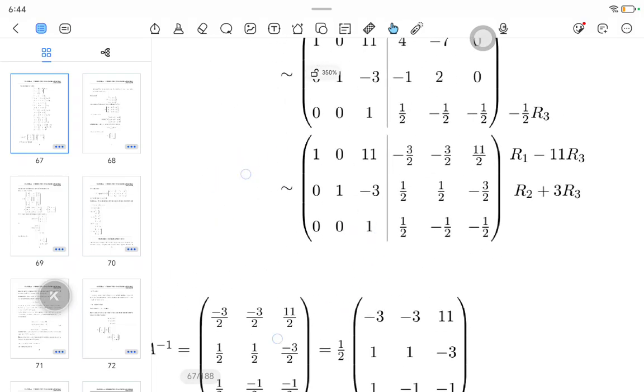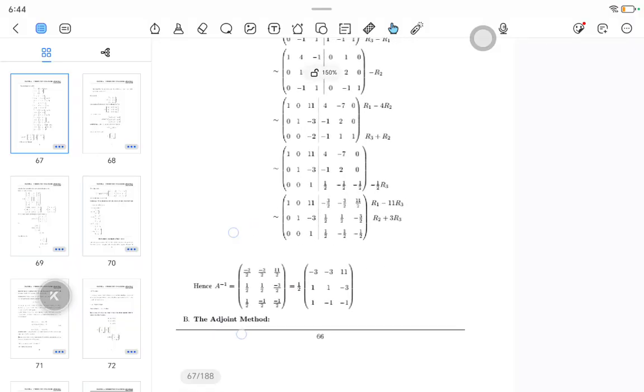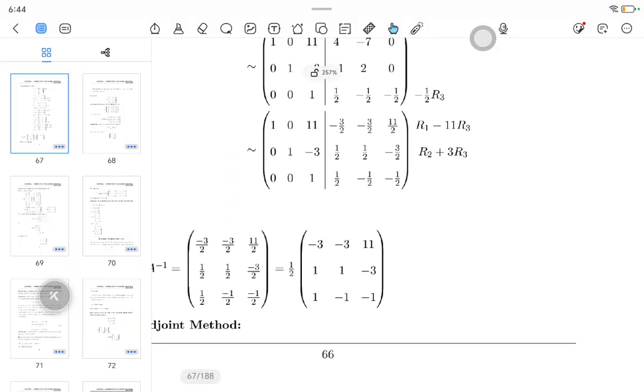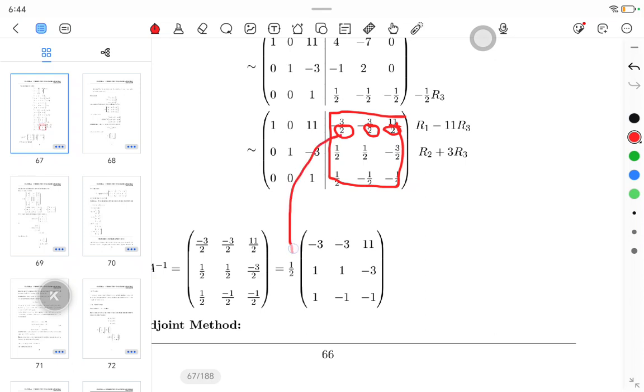It means that the next thing we need to do now is to find the inverse using the adjoint method. So with the adjoint method, check here, the inverse we found to be like this. And we realize there's something common there. What is the thing which is common? 2. If I factor out that 1 over 2, this will be our cofactor matrix. So it's also simple to find the cofactor matrix using Gauss-Jordan.